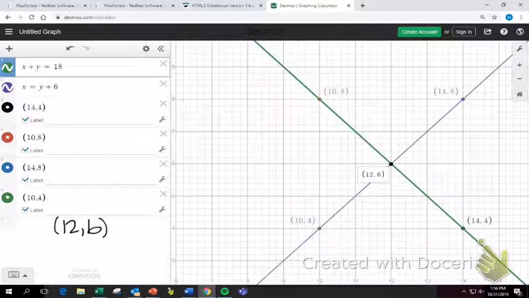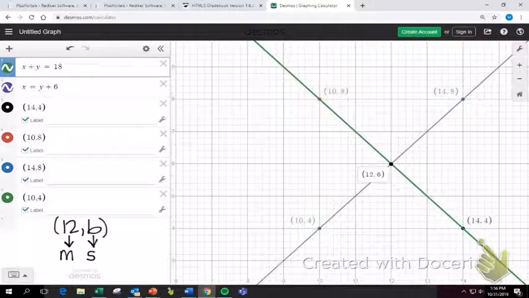How many exercises do you have in each subject? So we have to make sure that we actually answer the question that it asks. So that means we're going to have to stop and think for a minute. Which type of question was represented by the X coordinate? Math. And which type of question was represented by the Y coordinate? Science. So how do you think we should write our final answer?